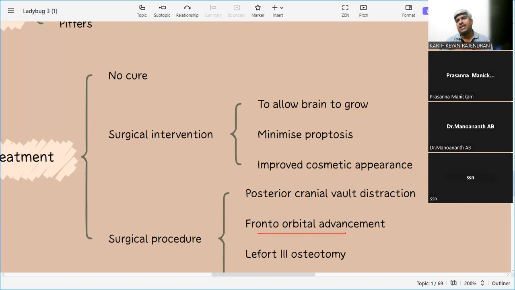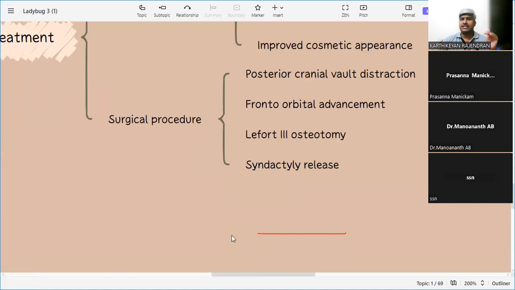Then fronto-orbital advancement: we cut in the orbit and frontal region over the head and do distraction osteogenesis, distracting the bone anteriorly, which forms cranial vault growth. For mid-face retrusion, we do a Le Fort 3 osteotomy, which corrects the facial abnormalities.